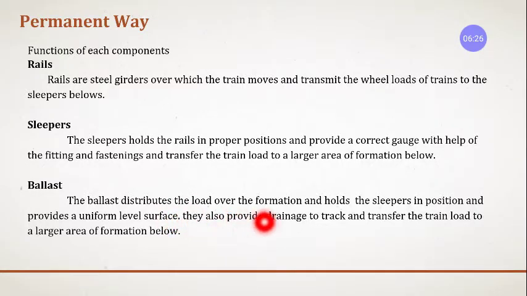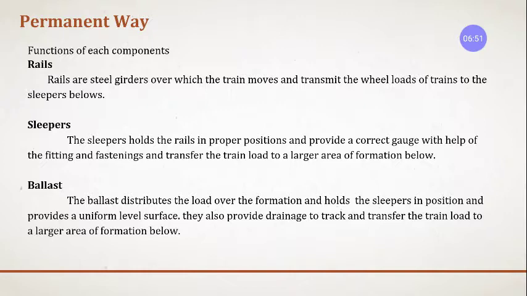It also provides drainage to the track and transfers the train loads to the larger area below the formation. So what it does, it will take the load from the sleepers and transfer it to the formation. It will hold the sleepers in correct position. It provides a level surface for the sleepers, and also it acts as a drainage layer.